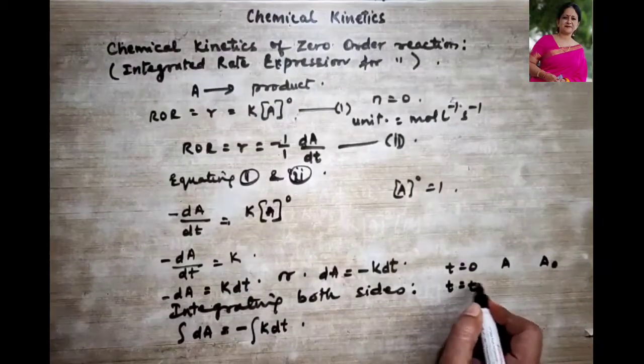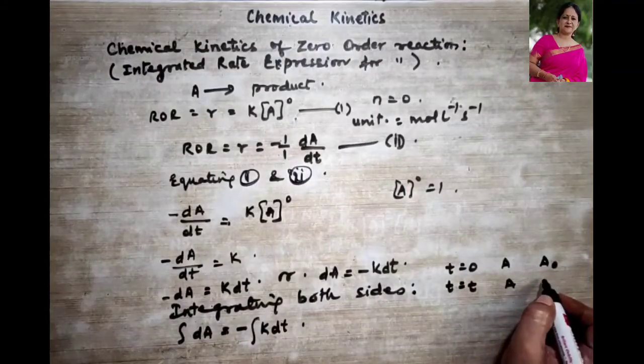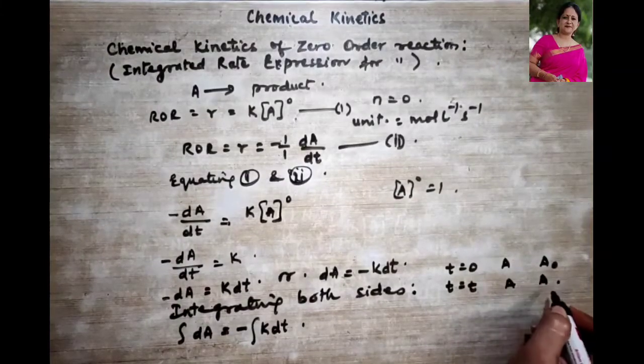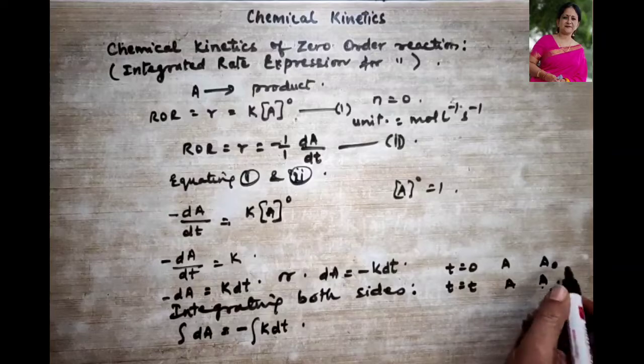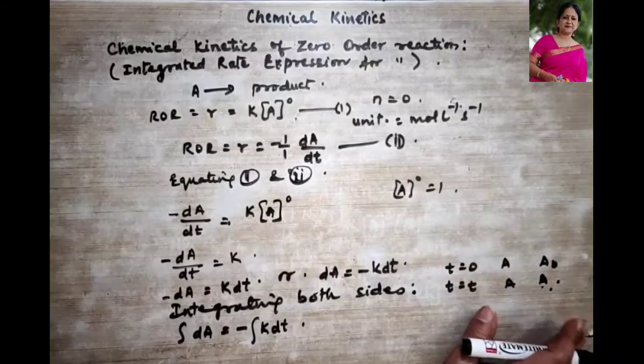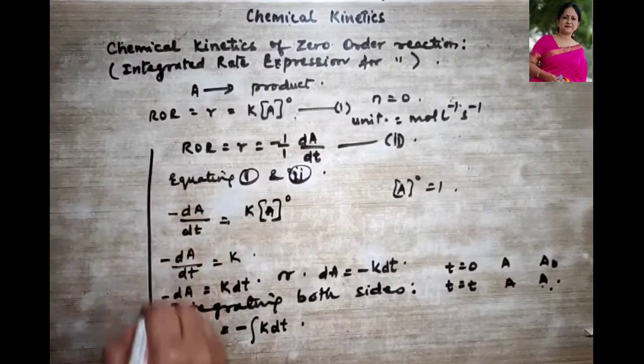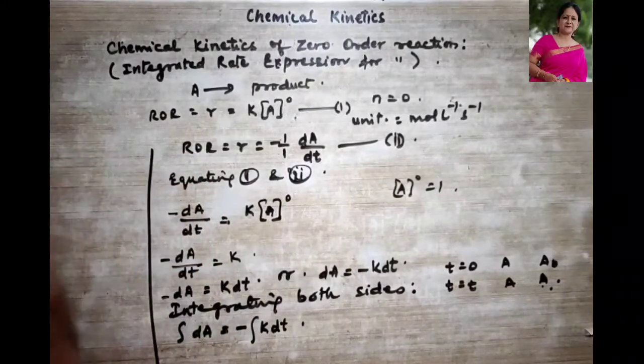But at a certain time t, that same concentration becomes A. This is the initial one and this is the remaining part, right? So how do we write it down? Now taking the limits, how are we going to write? Draw it over here. I hope you can see here.